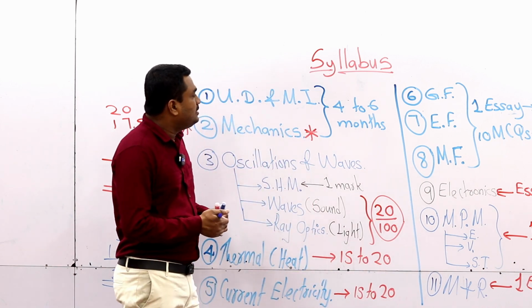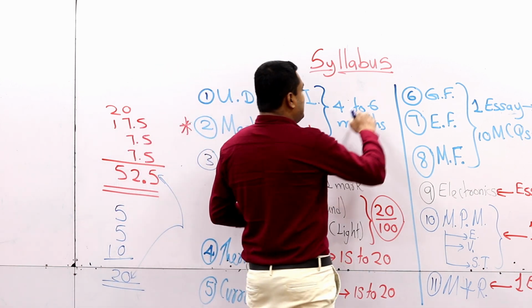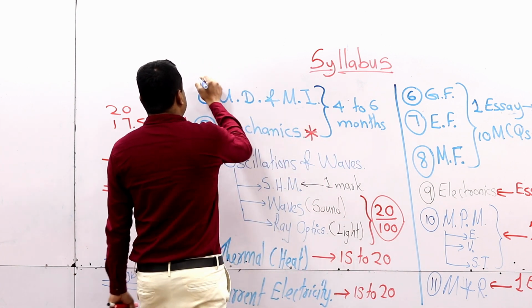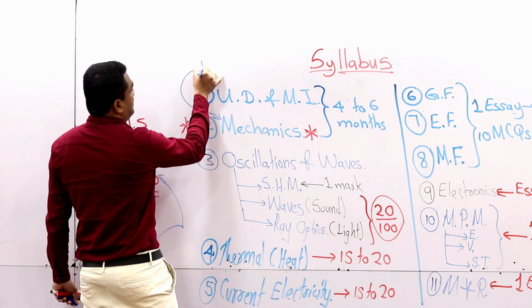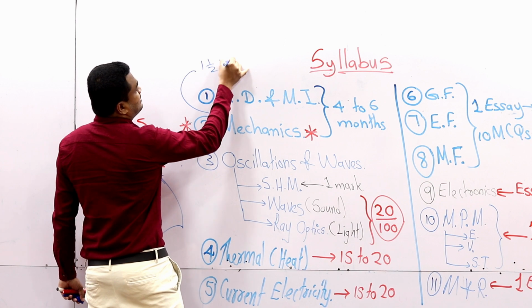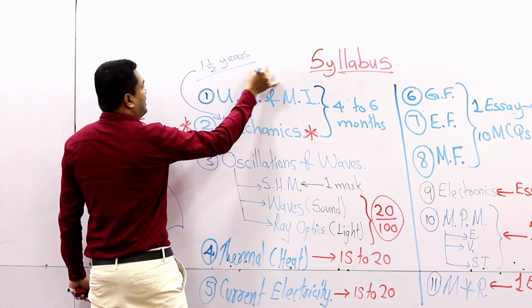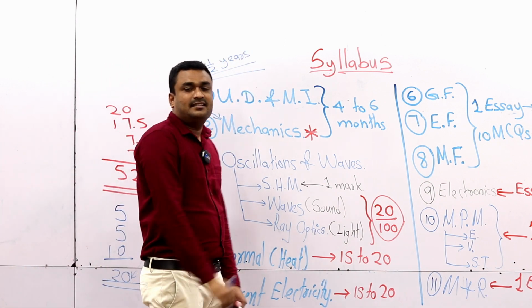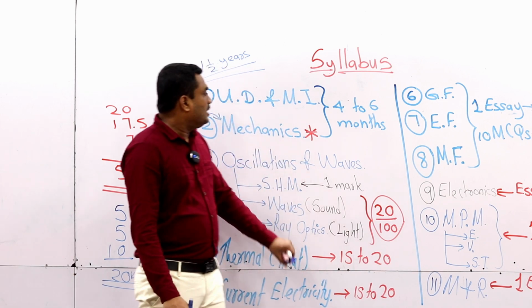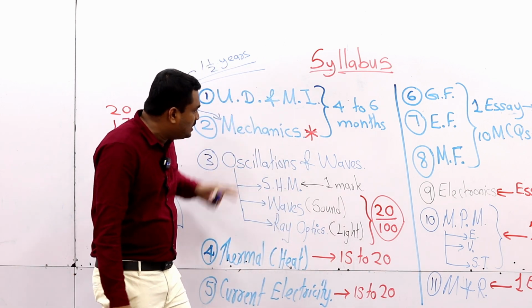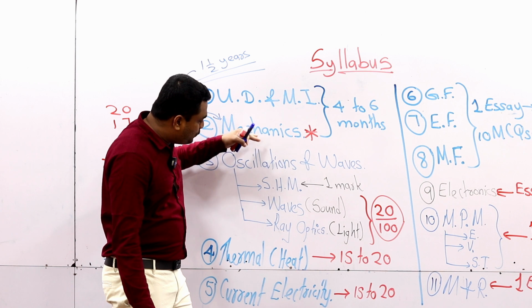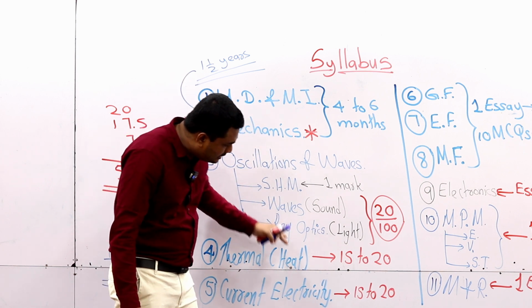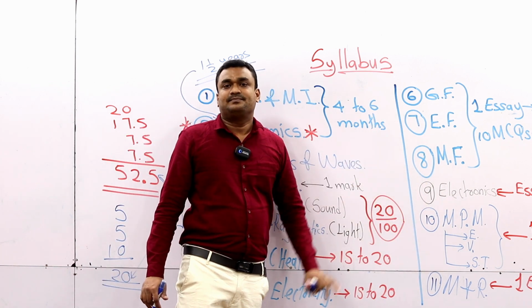But I have seen many students who learn the mechanics lesson for 1.5 years. This is a disaster. So quickly complete the first 2 lessons and give more time to the important lessons.